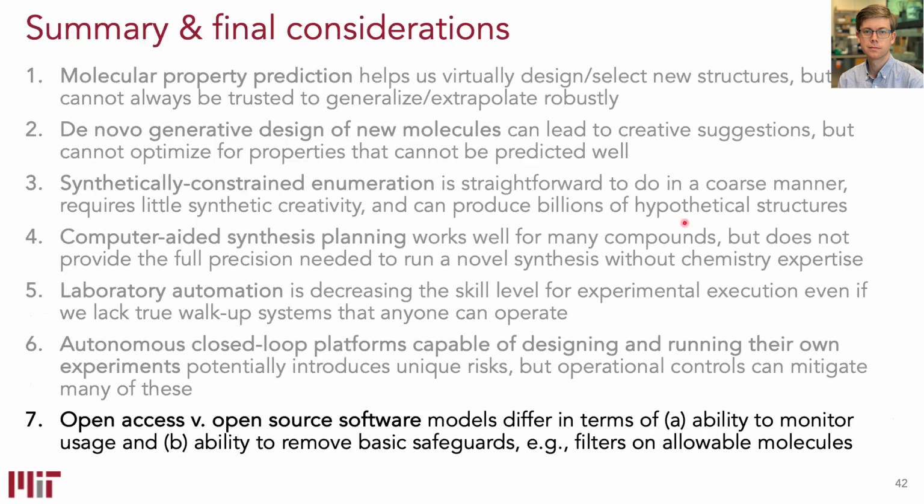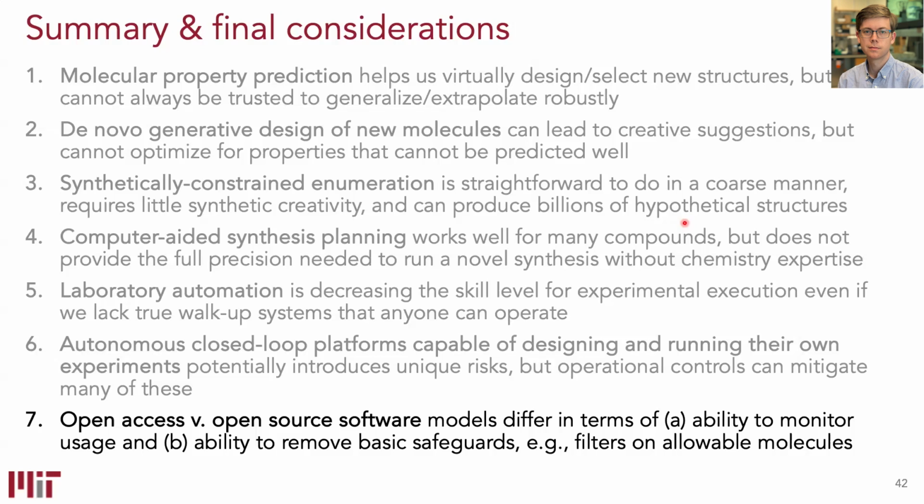So I'm not going to go through the full summary. I'll flip back to this after acknowledgements. But at the last bullet point here, number 7, I just wanted to mention one consideration that's worth thinking about as we talk about the role of AI for beneficial science, but also as it affects things more broadly. And that is the access models for these tools and for this software.